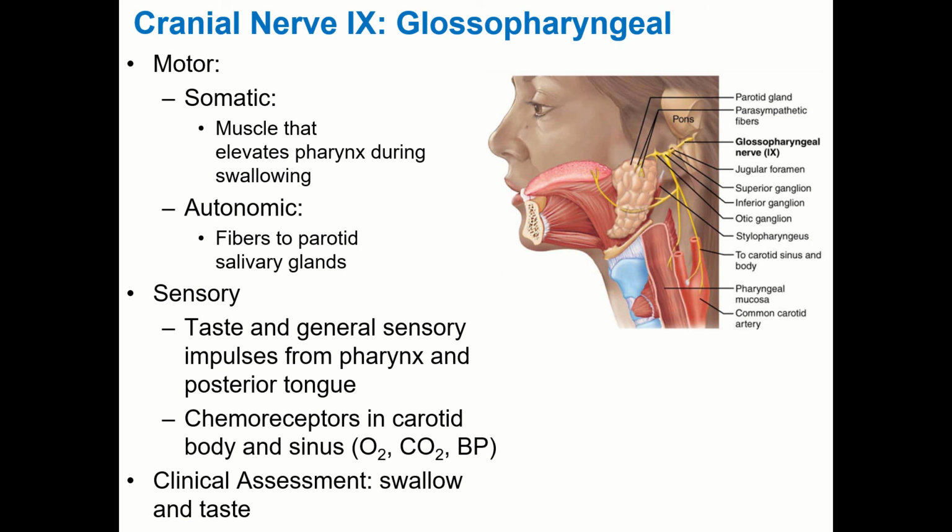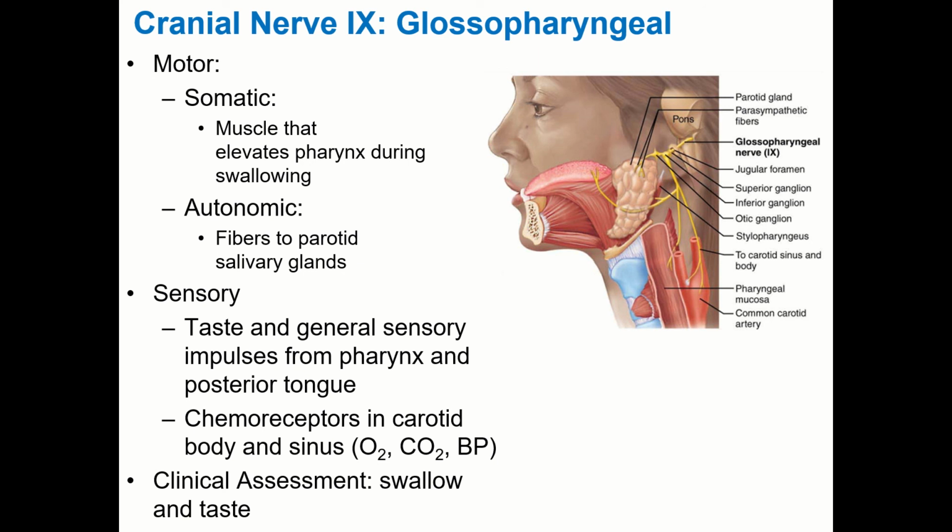There's actually 3 parts to the pharynx. But whenever you swallow something, there is a somatic function in that. There's a voluntary function in that where when you decide it's time to swallow something, you elevate the pharynx a little bit, and some of these muscles actually widen the pharynx to allow the food to go into that opening more easily.